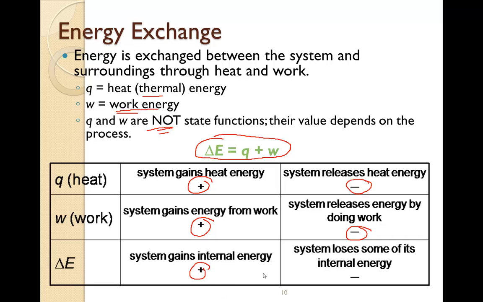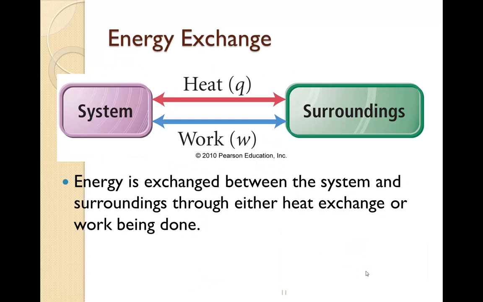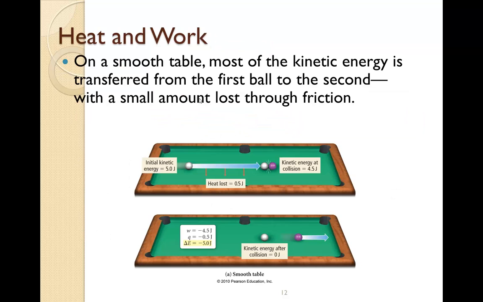If it loses internal energy, it's going to be negative. Energy is exchanged between the system and surroundings through either heat exchange or work being done. So it's going back and forth.